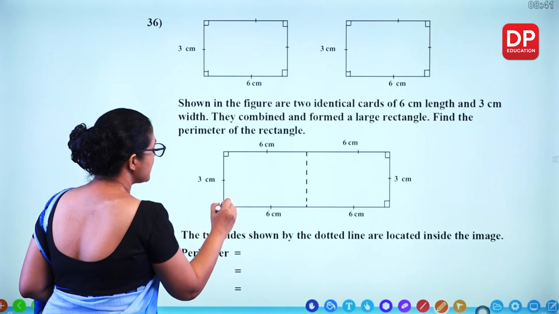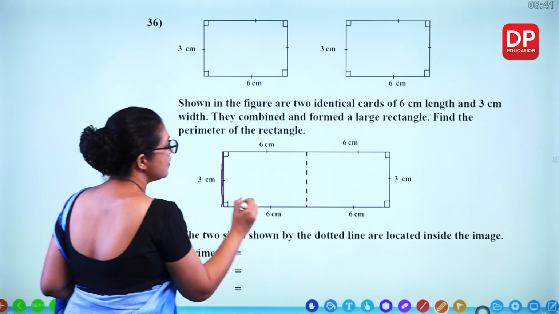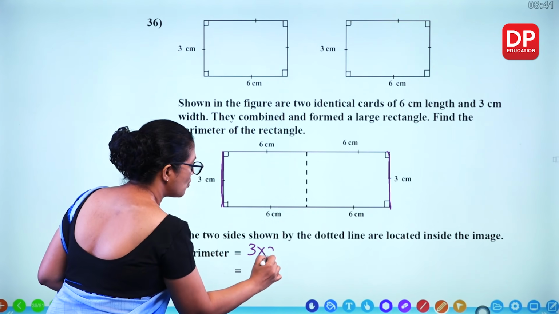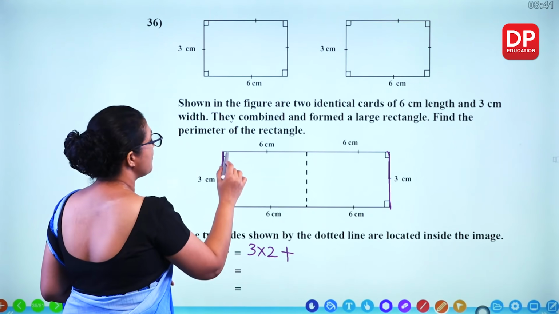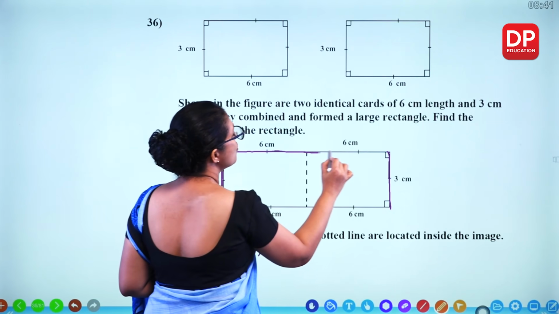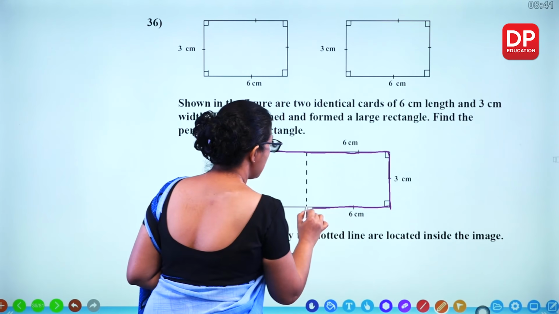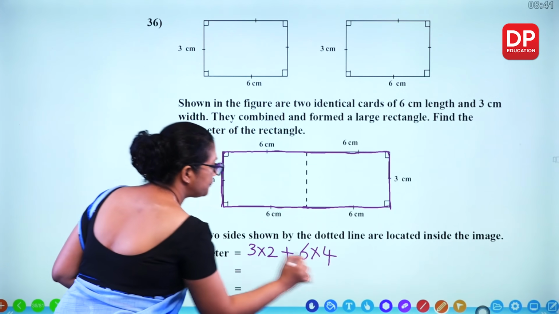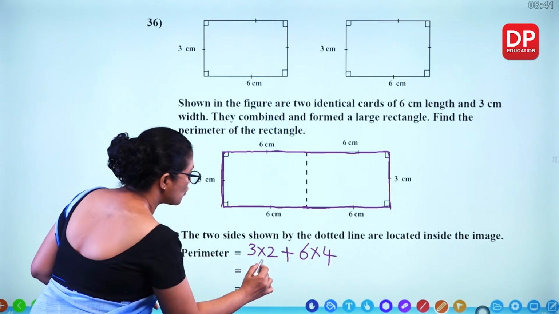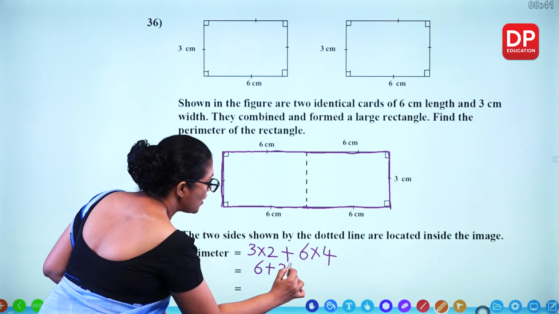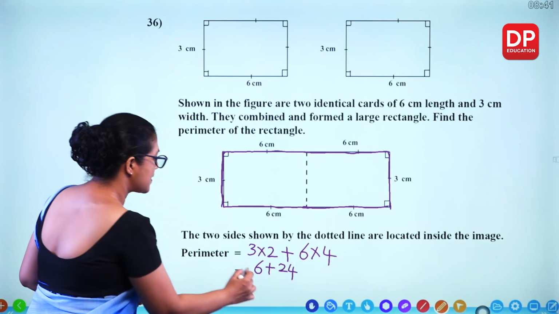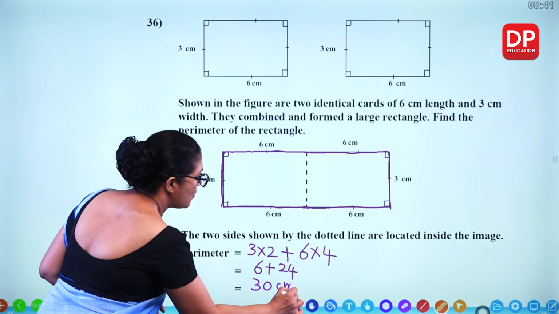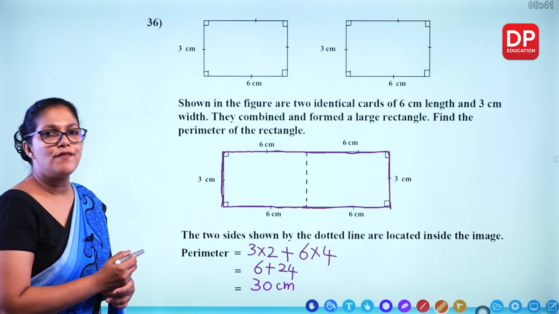How many 3s are there? 1, 2. 3 times 2. How many 6s are there? 1, 2, 3, 4. 6 times 4. 3 times 2, 6. 6 times 4, 24. 24 plus 6, 30 centimeters is the perimeter of this combined figure.